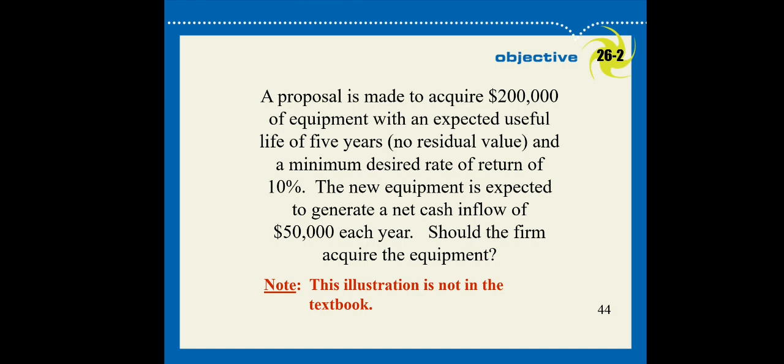So see this? The net cash inflow is equal, 50,000 every year for 5 years. So when the cash inflows are equal, you do the net present value analysis by looking at the present value annuity table. Remember that there are two tables.